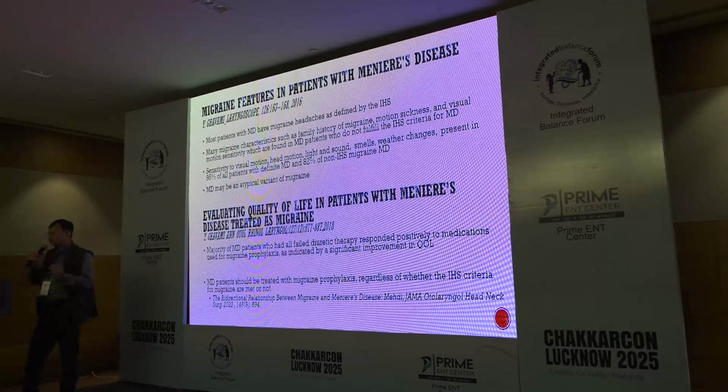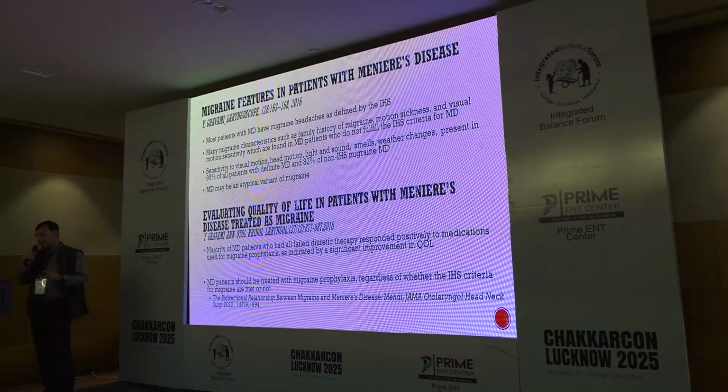Sensitivity to visual motion, head motion, light, sound, smell, and weather changes were present in 95% of all patients with definitive Meniere's, and in 82% of patients where there was a migraine feature, but this feature did not fit into the classification of migraine as per IHS. And so he came to the conclusion that Meniere's disease may be an atypical variant of migraine.